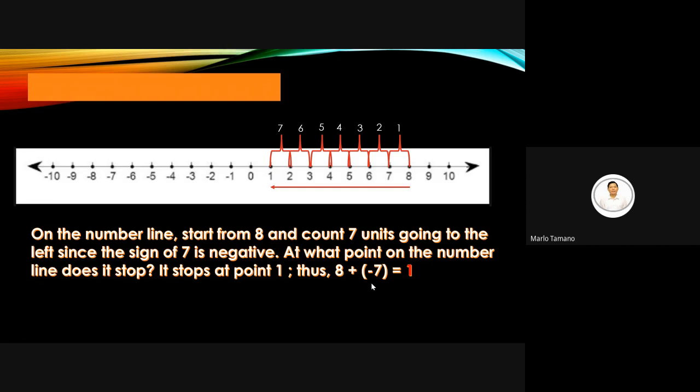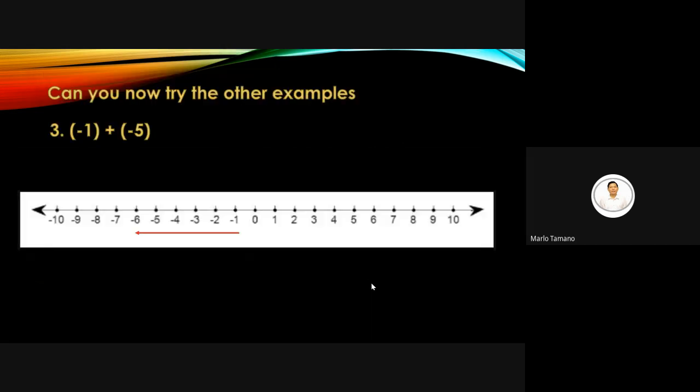Next, number 3. Can you now try the other examples? Negative 1 plus negative 5. First find negative 1. Then plus negative 5.